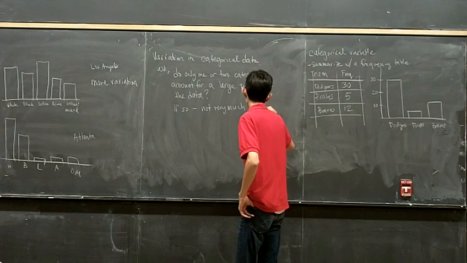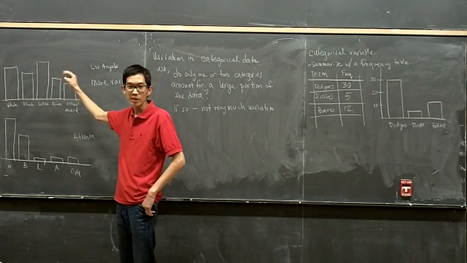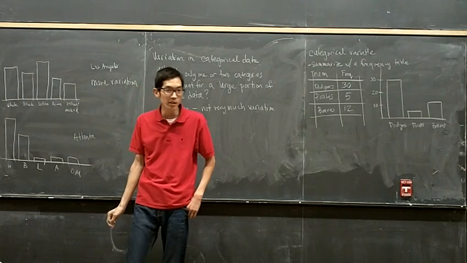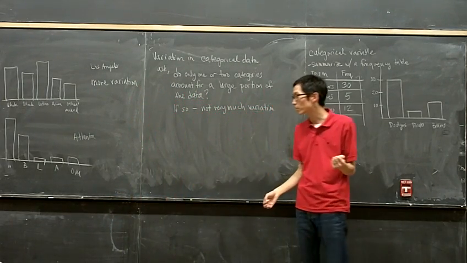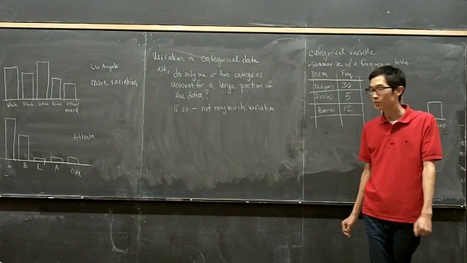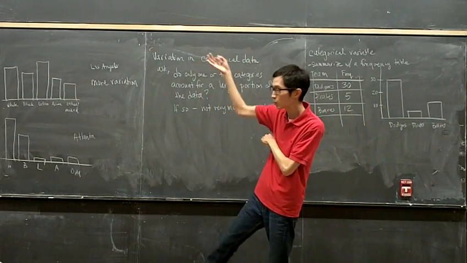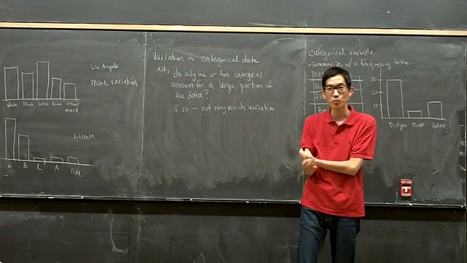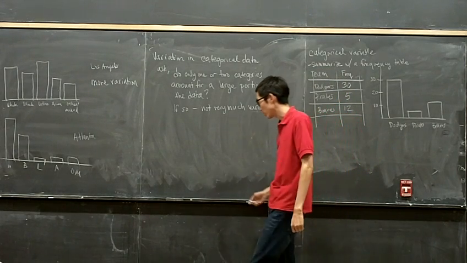If so, not much variation. We're not trying to see if the bars are all the same height or whatever. That's not what we're looking for. What we're asking is, do just one or two categories pretty much make up most of the data here? In a place like Los Angeles, we can't really say that just one or two categories account for everyone.